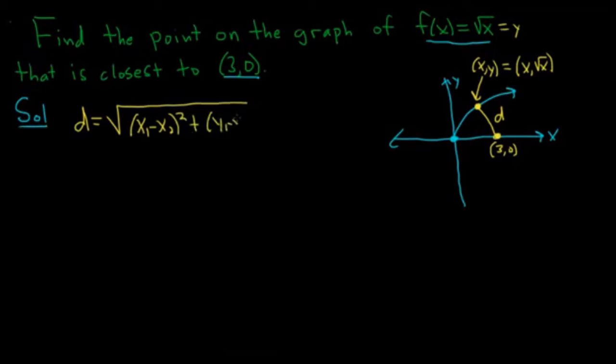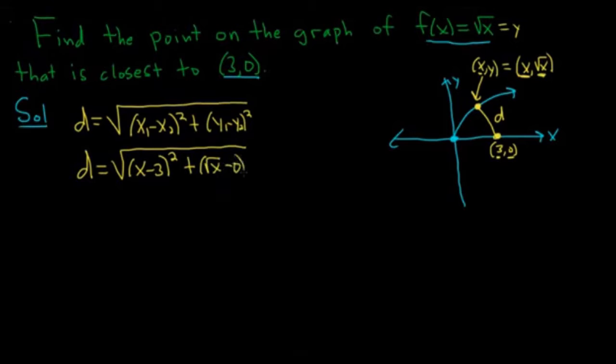Recall the distance formula says you subtract the x's and square, then you add that to the subtracted y's squared. So D will be the square root of (x minus 3) squared plus (square root of x minus 0) squared. And you see how you can generalize this.